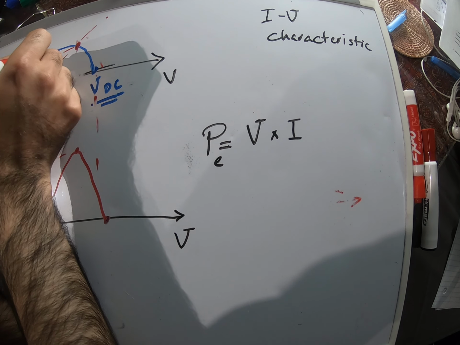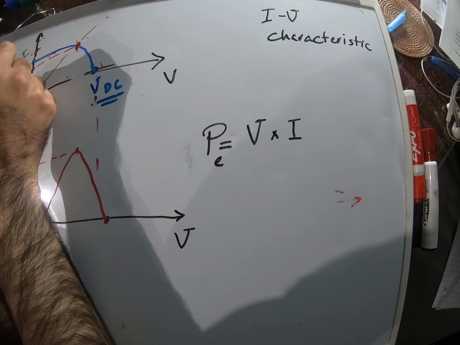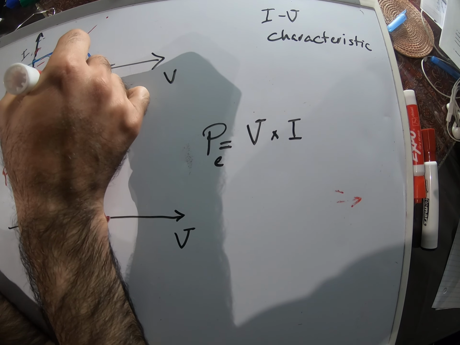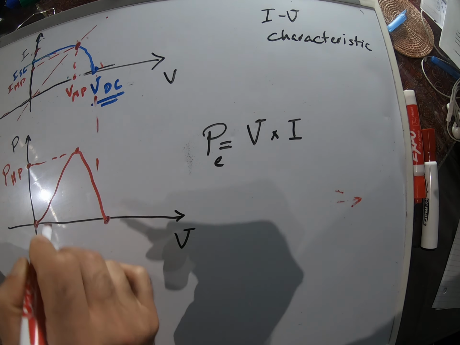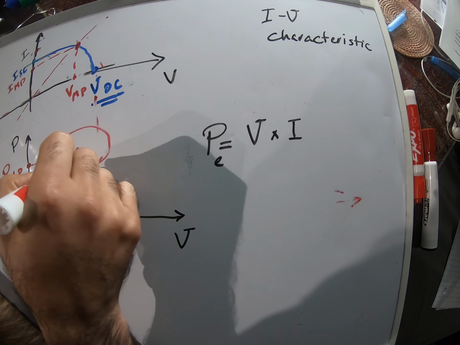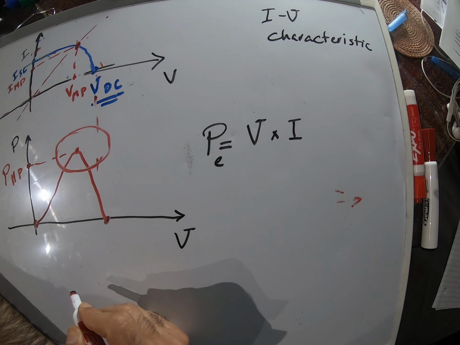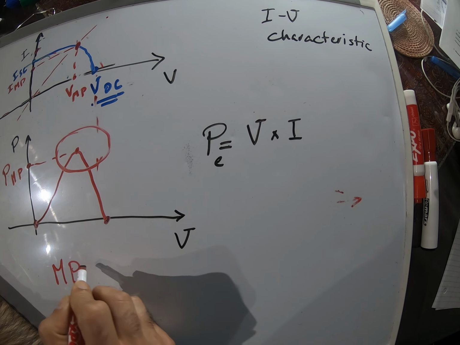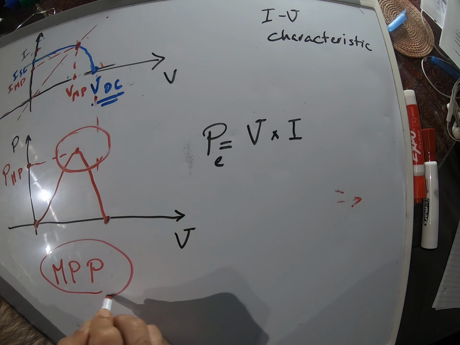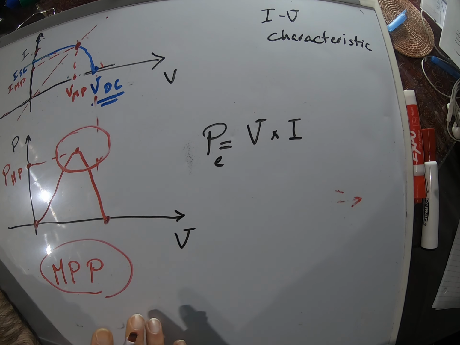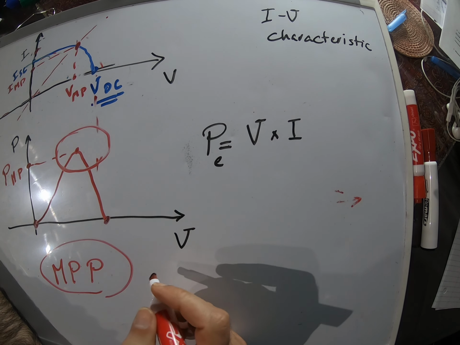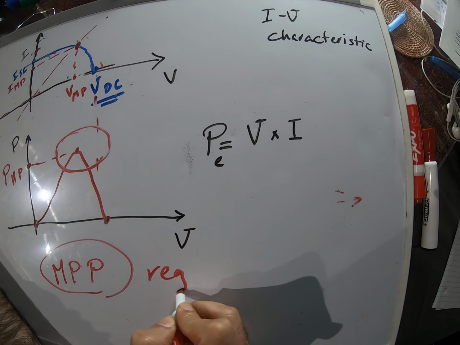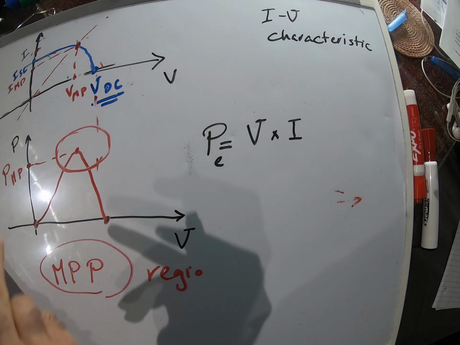So this is going to be I at which we get maximum power. This is the voltage that we get maximum power. Ideally we want to operate our solar cell at the maximum power point. Or in some cases, if we are not very picky, we want to operate it in the maximum power point region, which is somewhere close to here.